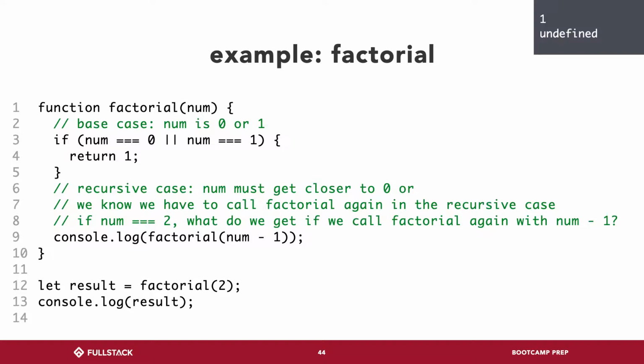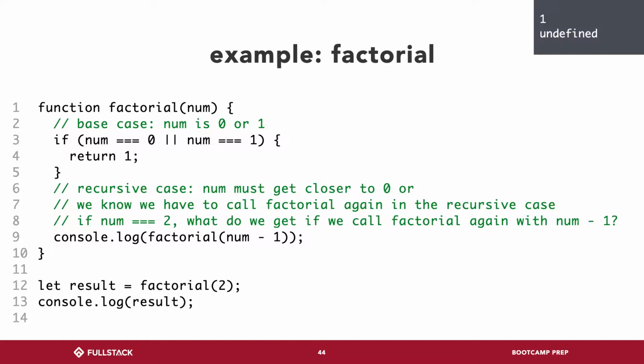We are just console logging what would happen if you called factorial again with num minus 1. This is a little confusing. So you say result is equal to the return value of factorial of 2, right? Is 2 equal to 0 or 1? No. Skips this, and then at the end, it console logs this, but nothing's being returned. So this result is still undefined.